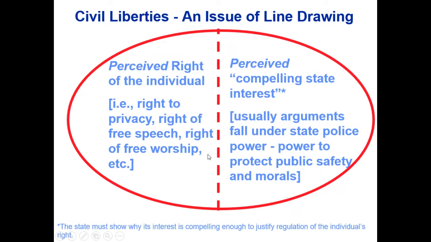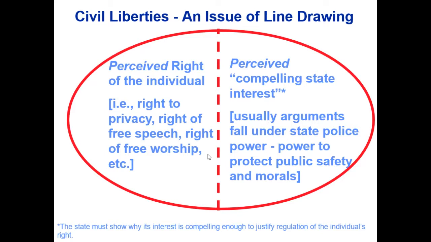But what we can say is that in most scenarios, in most of the cases that arise, it is the burden of the government, whether it's the national government or the state government or the local government, to establish why its interest is compelling enough to warrant the restriction of the individual's civil liberty right.